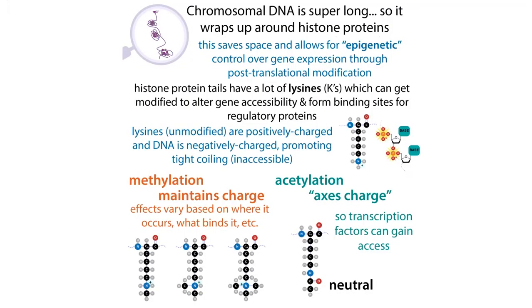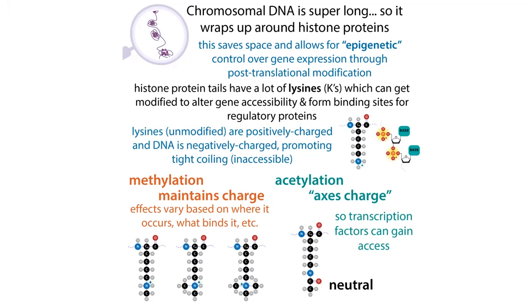Thinking about lysine, remember we have that positive charge, and we said that the backbone of DNA is negatively charged. So these can form these ionic bonds with one another. Great. That's going to keep our DNA tightly wound up. What if we get rid of that positive charge? We modify lysine in a way that gets rid of that positive charge.